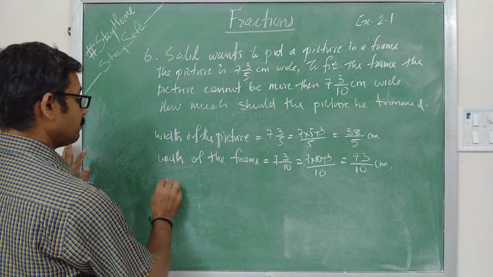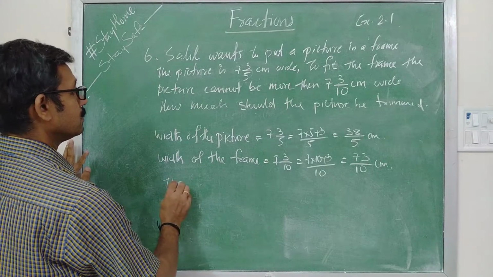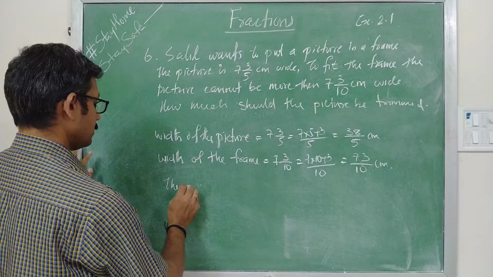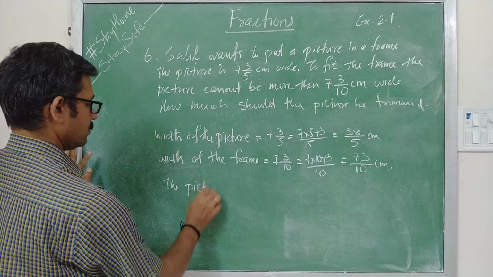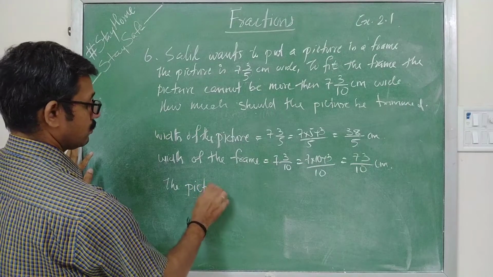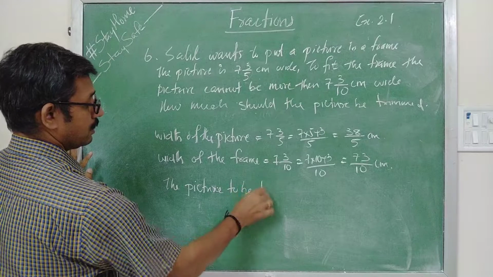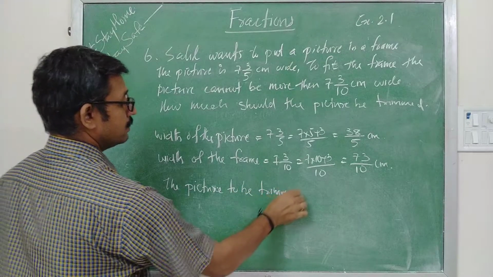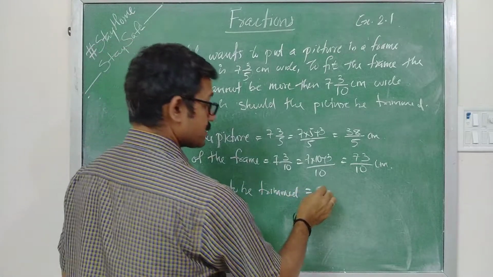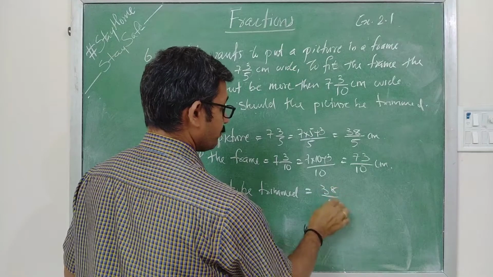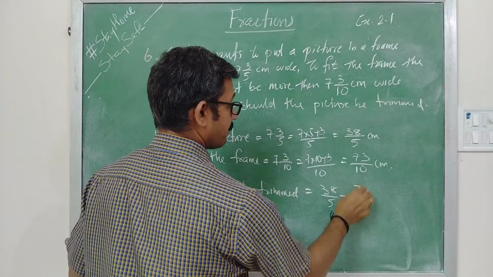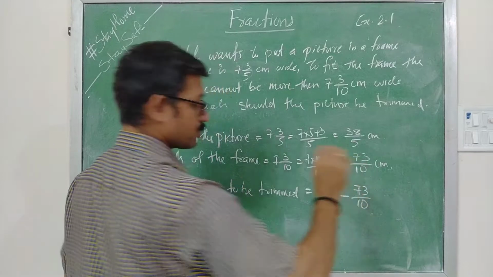The picture to be trimmed is equal to 38 upon 5 minus 73 upon 10. This much is to be trimmed.